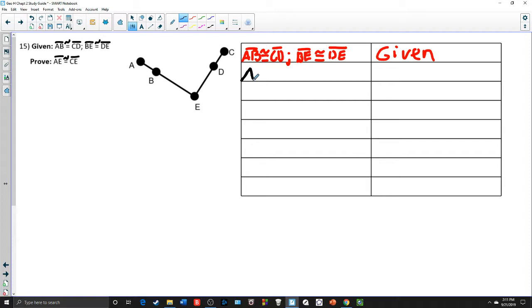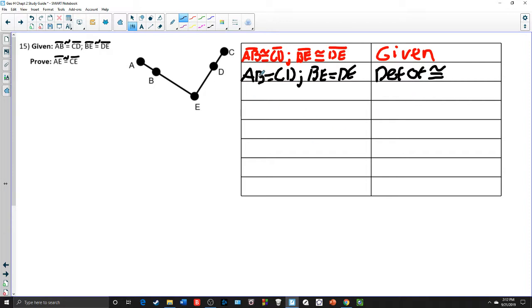So I'll say AB equals CD and BE equals DE. And this is by definition of congruence. Again, you can write the symbol rather than the word if you want to.